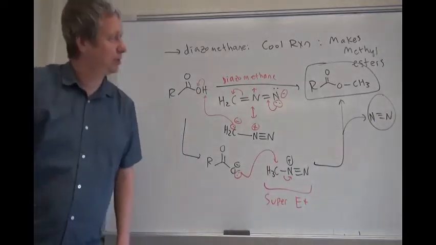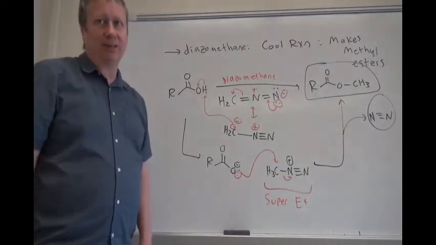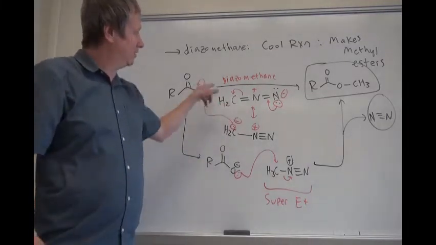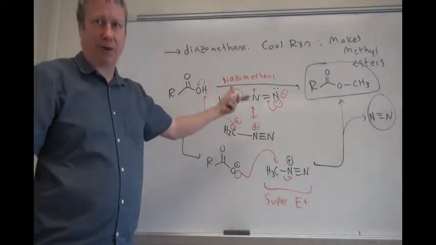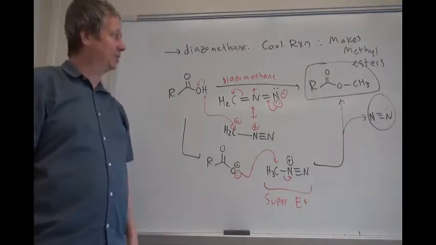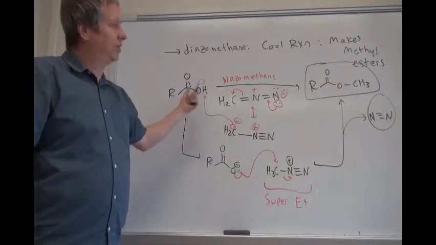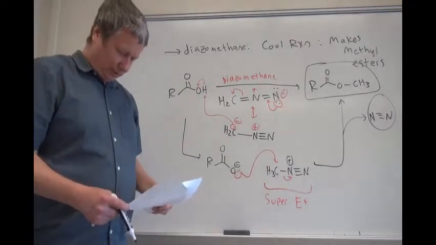If you need an ester, you make an ester. This is one of those reactions that we say it's easy enough for a biologist to do. Because you really just mix these 2 things together and you get the product. And what's the byproduct? It's N2, which is a great byproduct to have in a chemical reaction. Anyway, so that's the relationship of kind of diazomethane to the carcinogens, nitrosamines, okay? All right.